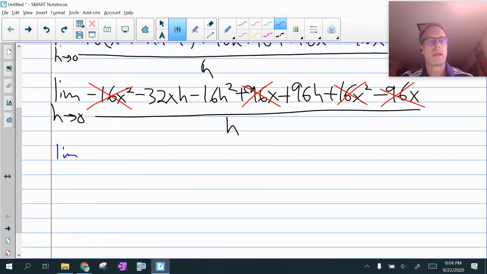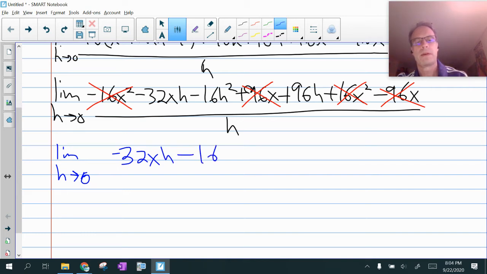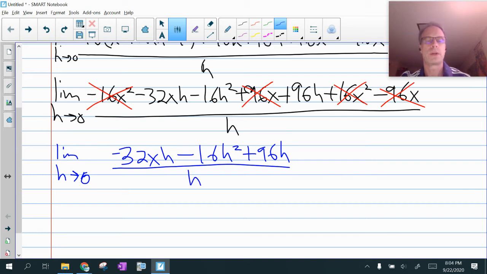the limit as h approaches 0 of negative 32xh minus 16h squared plus 96h, all over h there.